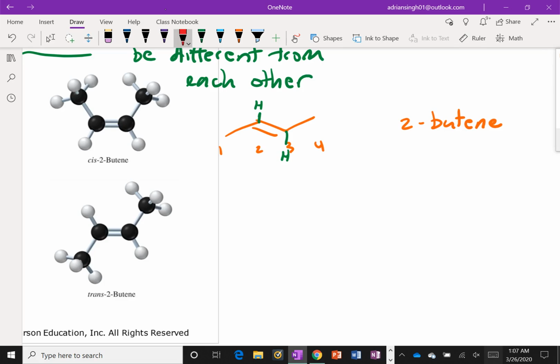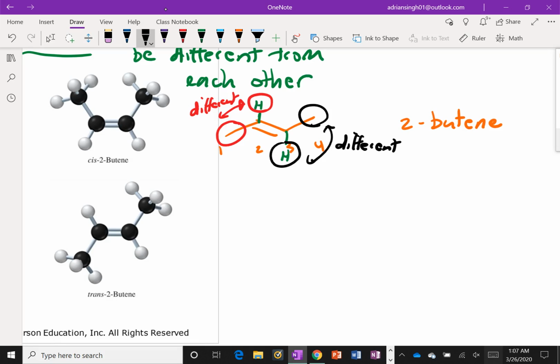So if I compare what's attached to each of those carbons, I can see on carbon number 2, there's an H, and then there's a methyl group. And these are different from each other. And on carbon number 3, there's an H, and there's a methyl group, and these are also different from each other.